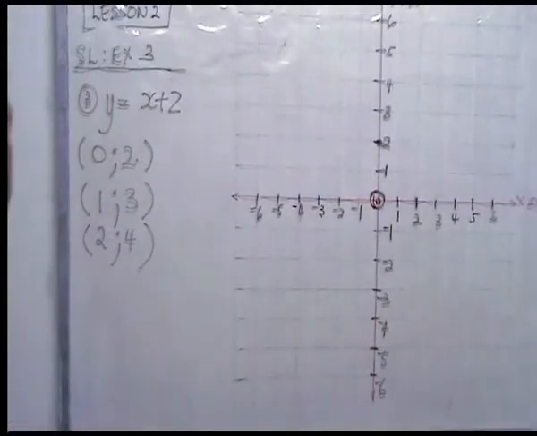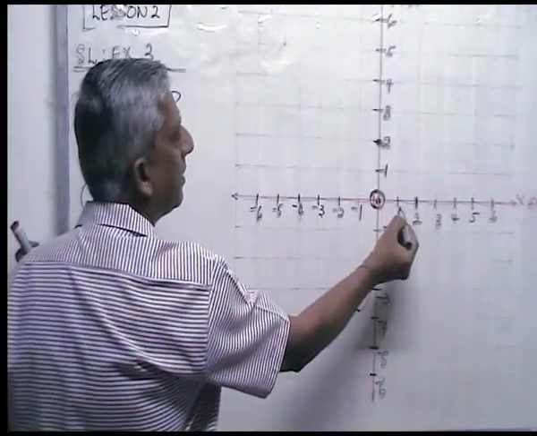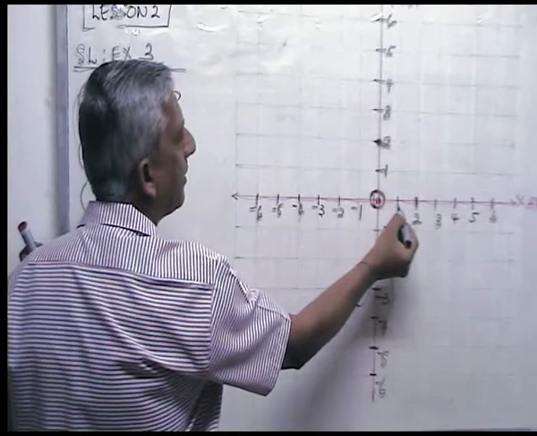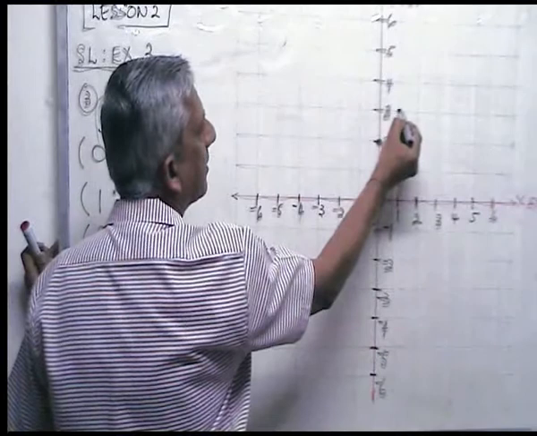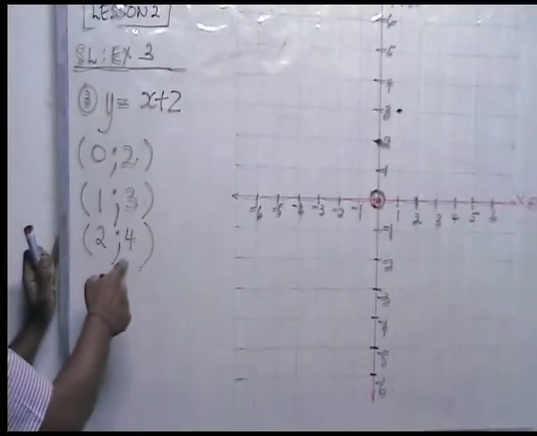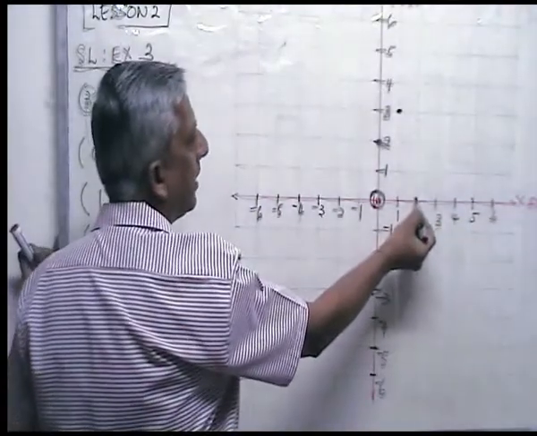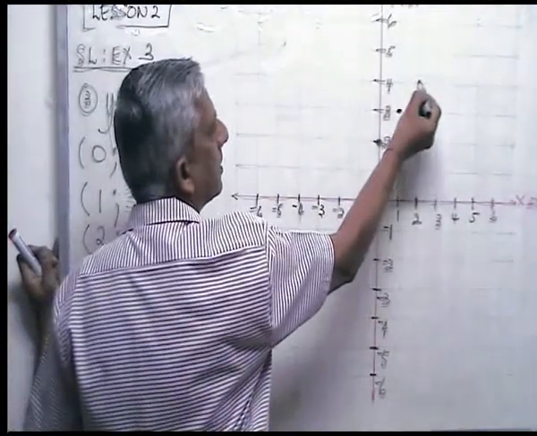Next, your ordered pair is 1, 3. So you find 1, and then you must go up to 3. Then your next ordered pair is 2, 4. So you find 2, and then because it's 4, you must go up to 4.